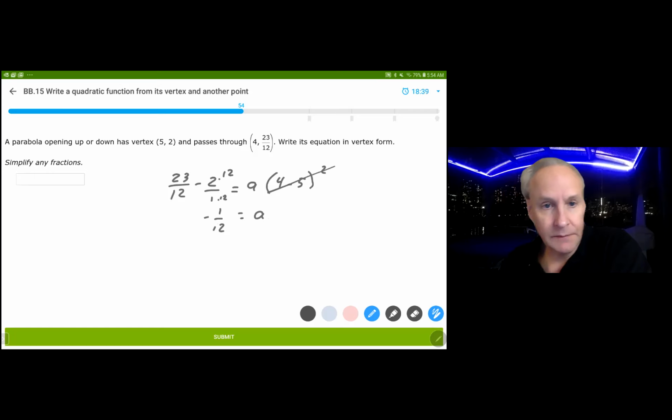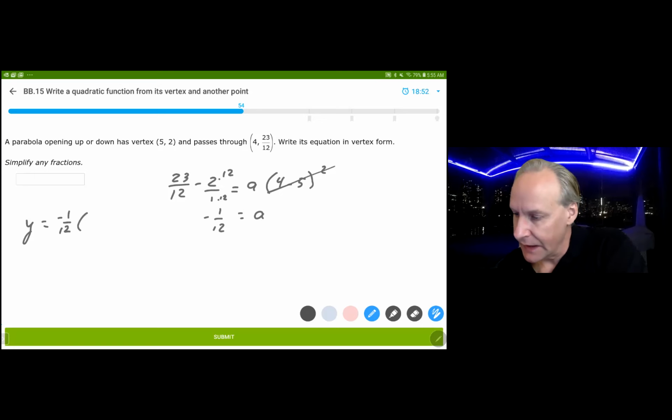So I'm almost done. I have y equals. Now I'm going to put in the negative 1/12. That's my stretch factor or my compression factor. I've got (x minus 5) quantity squared, and then I have a plus 2. And there it is.